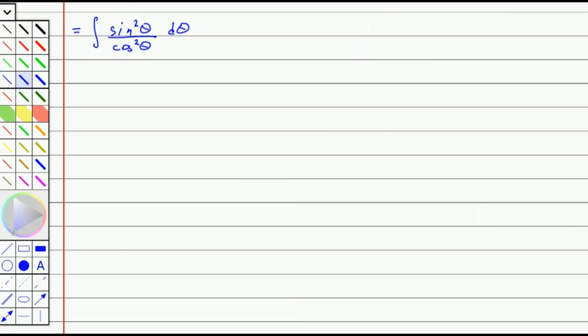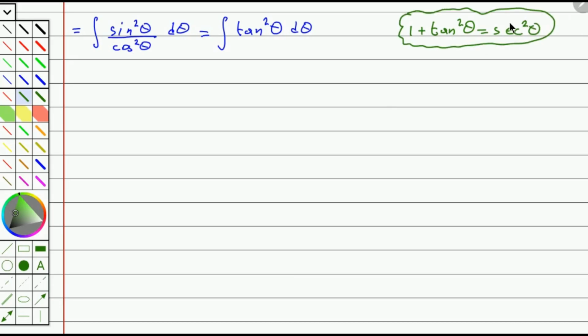So we can use the trigonometric identities once again, equals the integral of tan squared theta d theta, but the integral of tangent squared is not a basic integral, so we have to use yet another identity, which is 1 plus tan squared theta equals secant squared theta, which we know secant squared theta is the derivative of tangent theta.